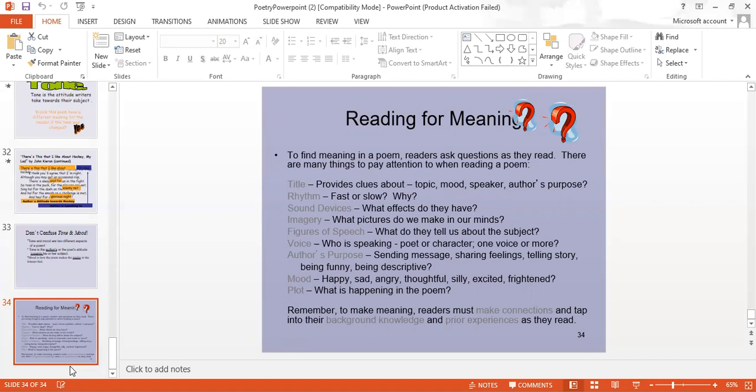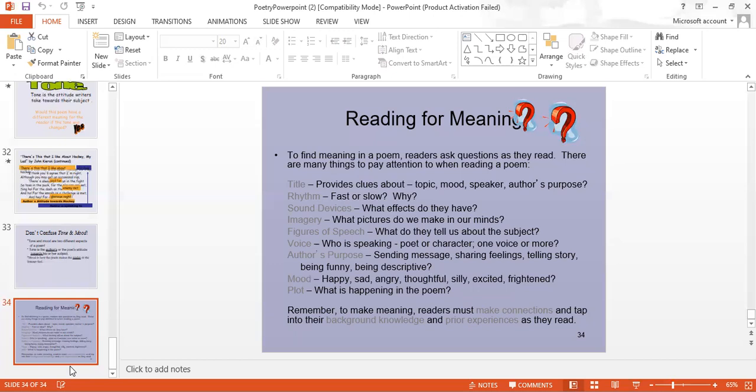Please note, the title provides clues about topic, mood, speaker, author's purpose, and things like that. So you should take note of the title and try to understand the mood of the speaker and the author's purpose, and rhythm. Fast or slow, you should ask yourself why.